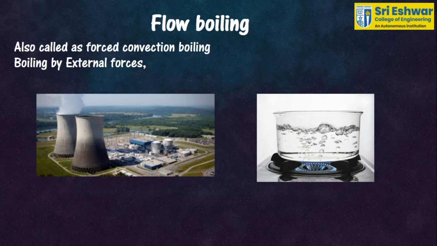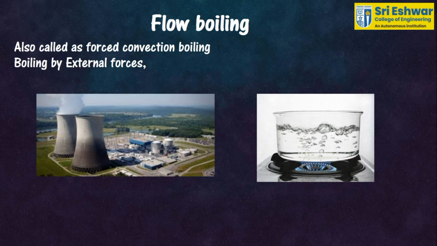Now let us see a second category of boiling. It is flow boiling. Flow boiling is also called forced convection boiling. Fluid flow is forced over a surface by external means such as pump as well as by buoyancy effects.